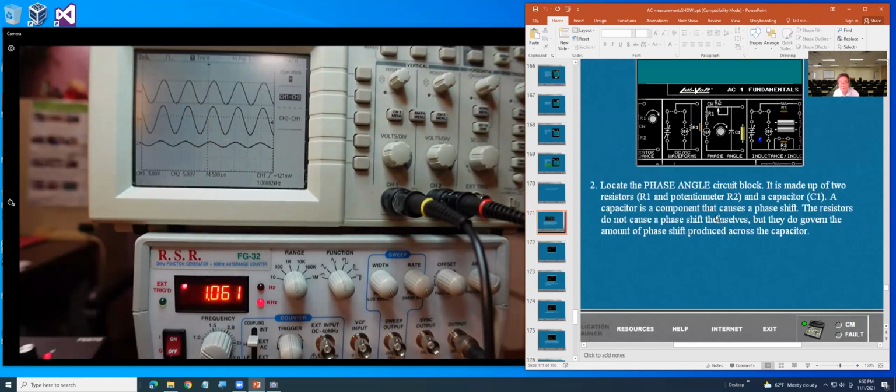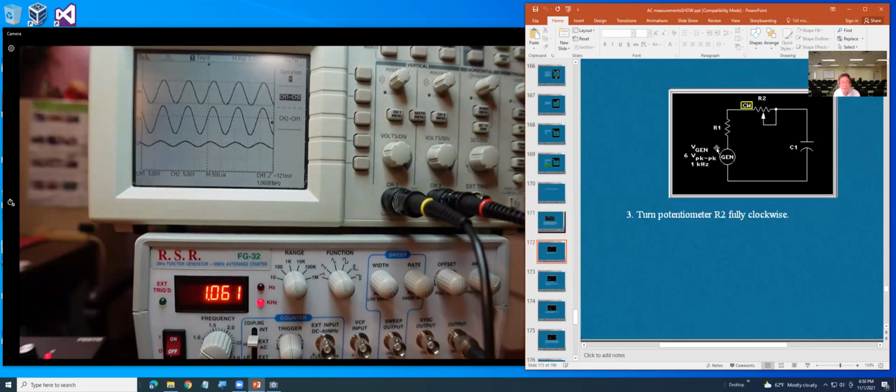Okay, they showed you locate phase angle. That is the one right here. Now, you connect this circuit.